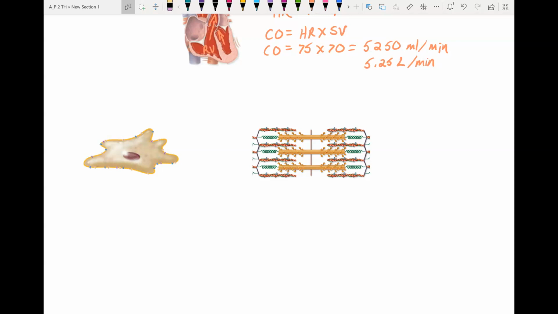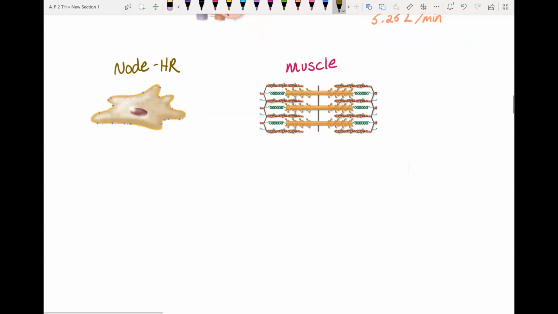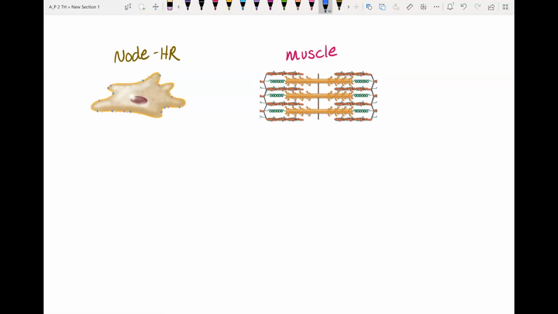So here are two things that determine cardiac output. Remember, we have the node and we have the muscle. The node is in charge of heart rate. It controls how fast your heart beats. And you have that cycle. We start at -60.